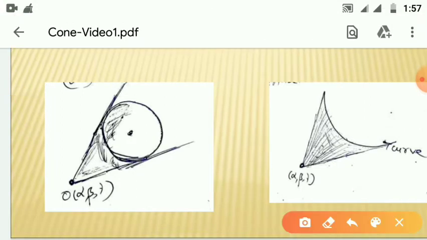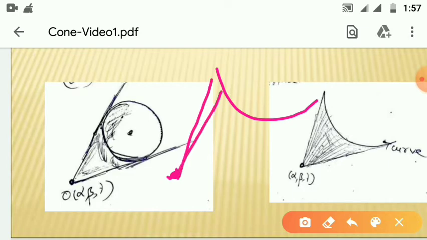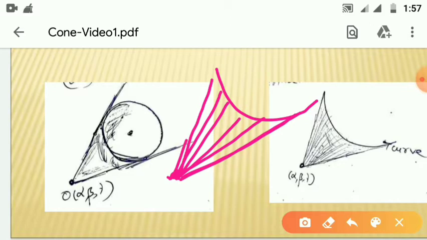Suppose we take a fixed point and a curve. Passing through this fixed point and joining this curve, we can draw many lines like this. All these lines form a surface. This surface is nothing but a cone.